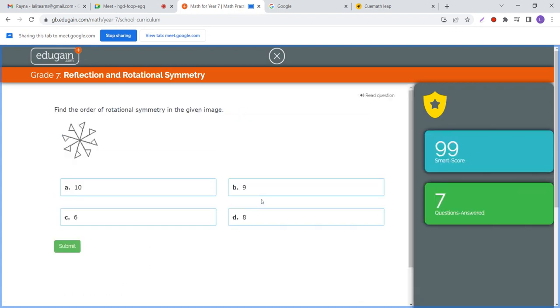You're doing too good so far. Yeah. Order of rotational symmetry. Eight.